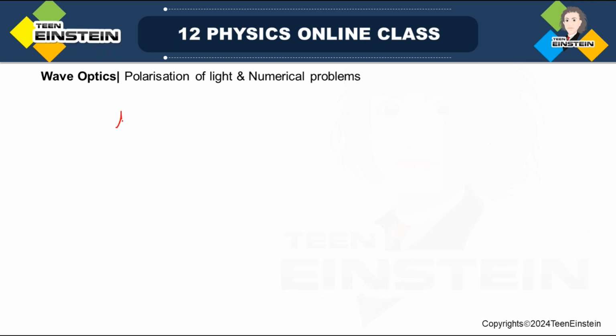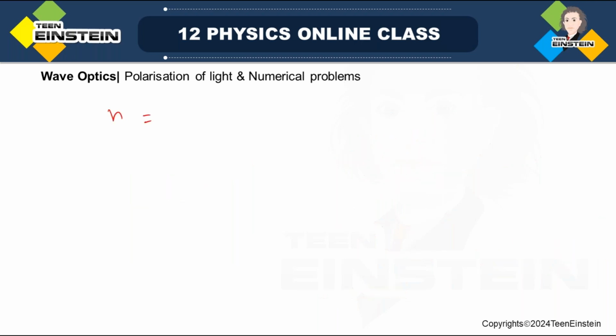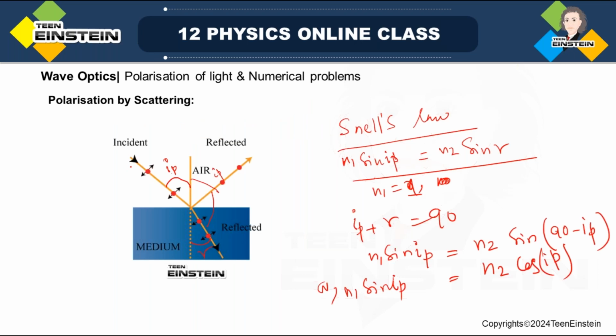So what we got is mu, or N, is equal to sine I_P by cos I_P, that means this is tan I_P. This angle is called Brewster's angle, the particular angle of polarization.